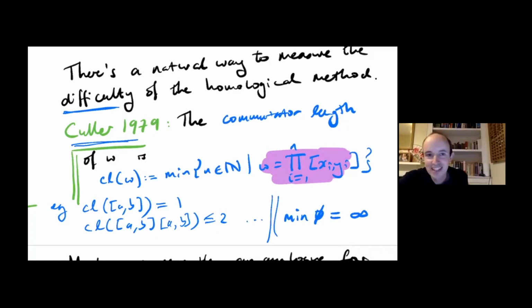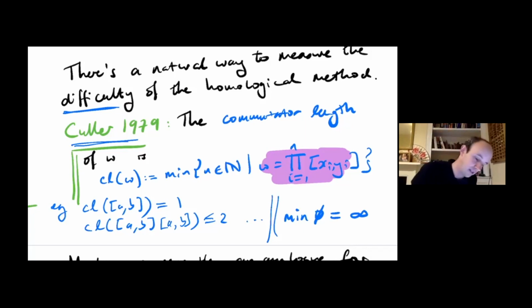So when I define this invariant and some other invariants as minima, or a bit later on as infima, and sometimes there'll be the minimum or infimum of the empty set, in that case we're just going to say that these invariants are infinity.